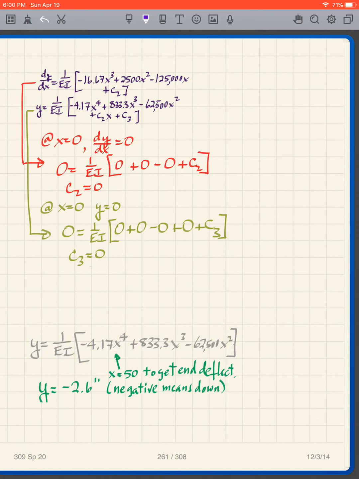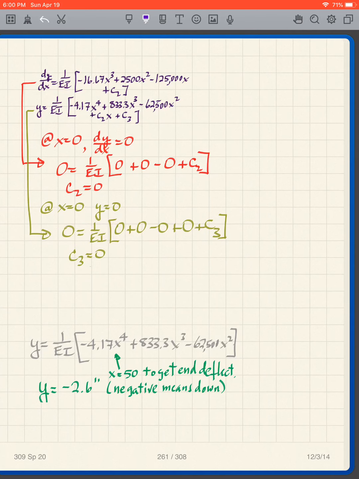I use my other boundary condition, which is at x equals 0, y equals 0. So I use my y equation and plug that in. And I get 0 is equal to 1 over EI times 0 plus 0 minus 0 plus 0 plus C3. And I get that C3 equals 0.